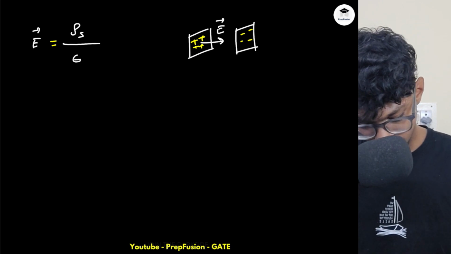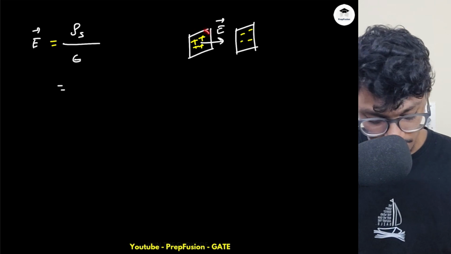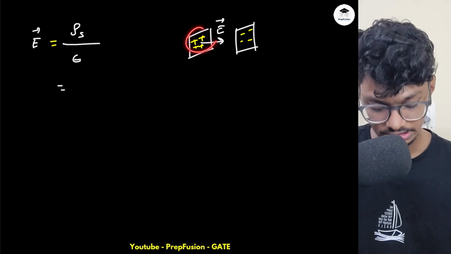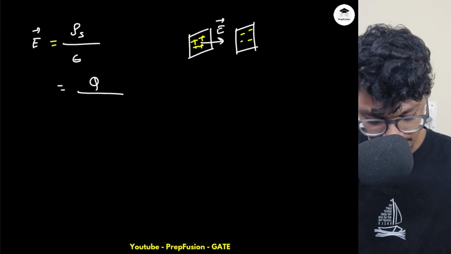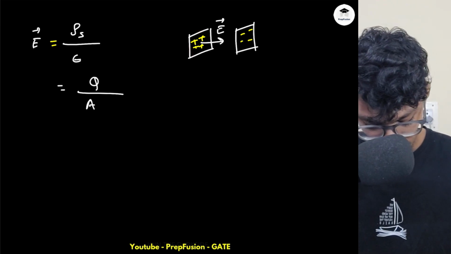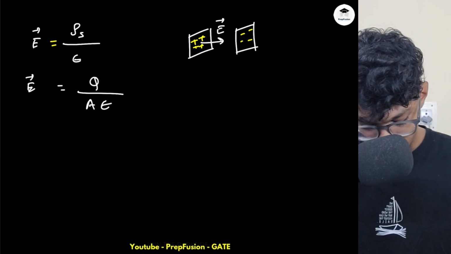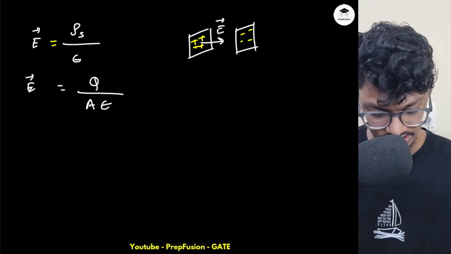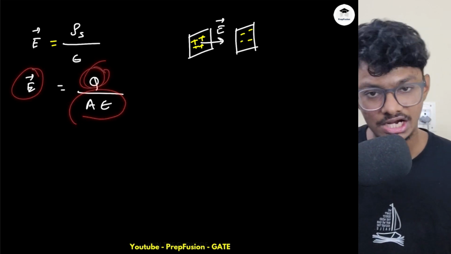So what is rho s? Rho s is the surface charge density, so total charge divided by the area, Q upon area. So the electric field is Q divided by A epsilon. Now here if I replace everything with maximum, because these things are constant and charge will change, if E becomes maximum, charge will also become maximum.